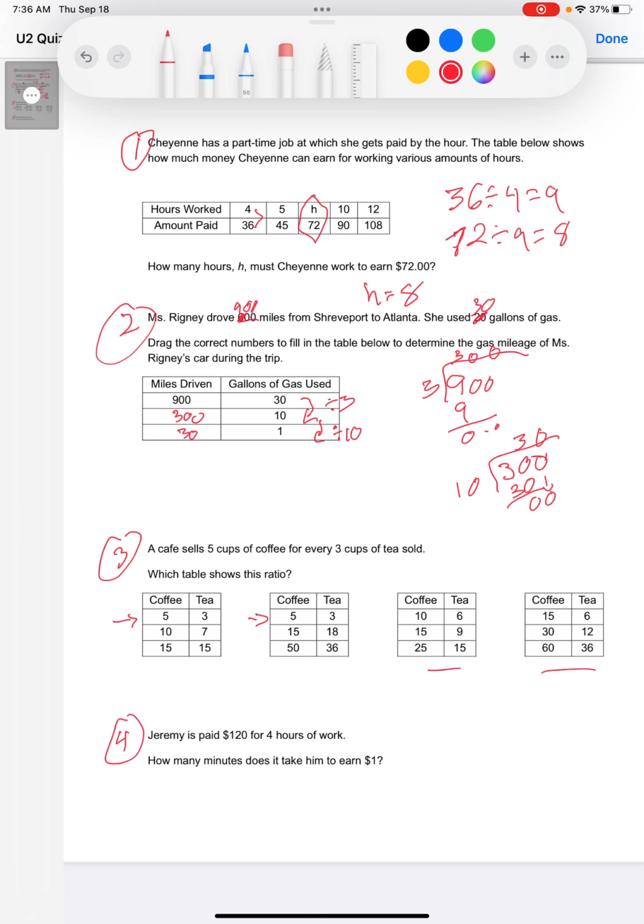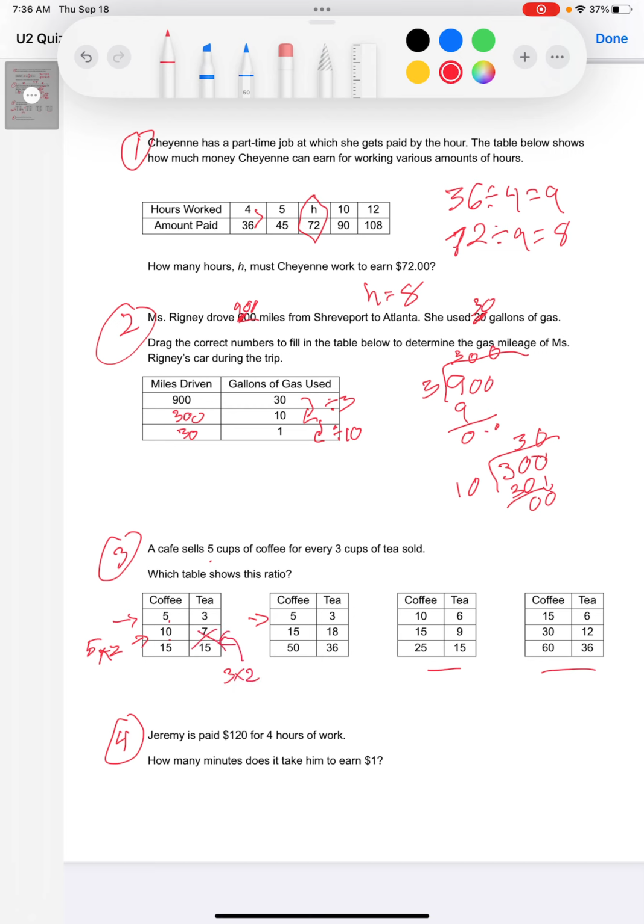Okay. Well, this is 10 to 7. Well, 5 times 2 is 10. 3 times 2 is not 7.